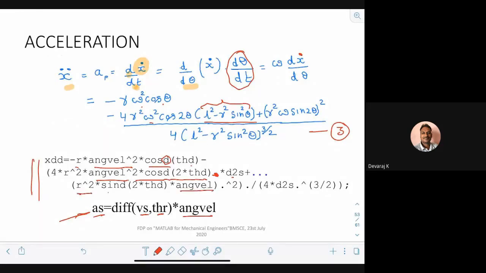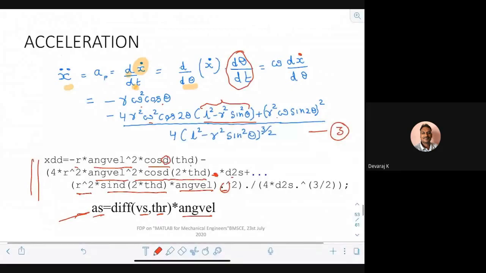Remember, this is a dot operator because sine 2 theta is again a vector, and you have to take the dot operator here. Angular velocity can be outside, but remember you have to take a dot operator. I made a mistake here. There is no dot operator as far as this is concerned, but for the entire thing after closing the bracket for the second term, you need to divide it by another vectorial quantity.